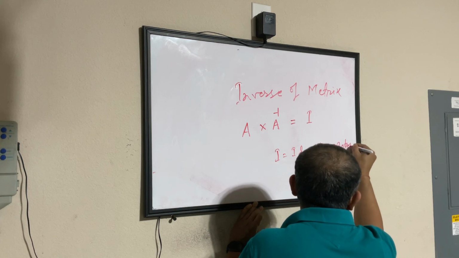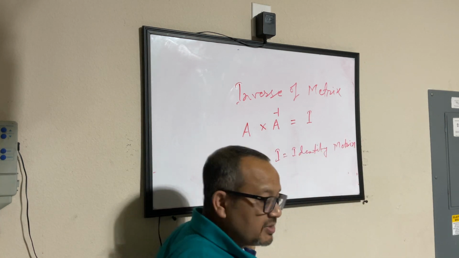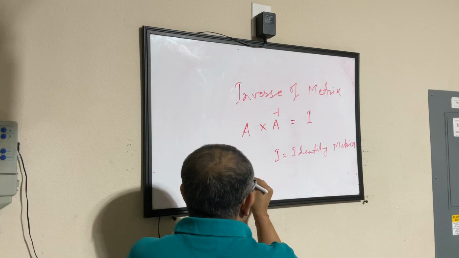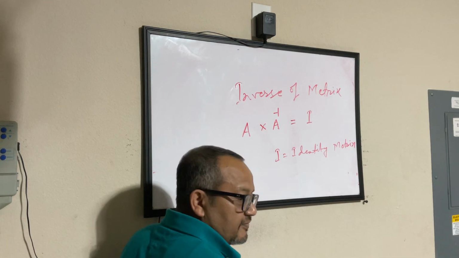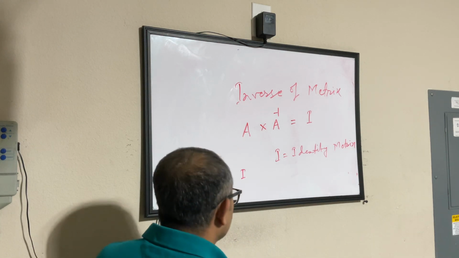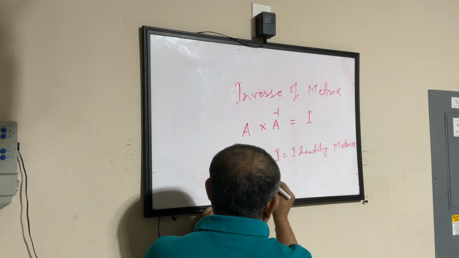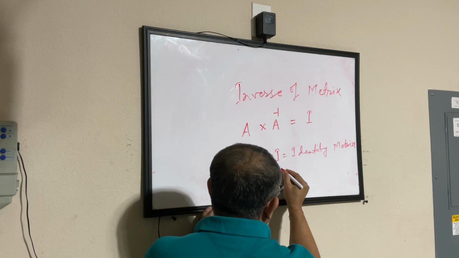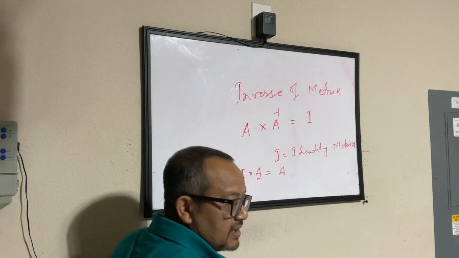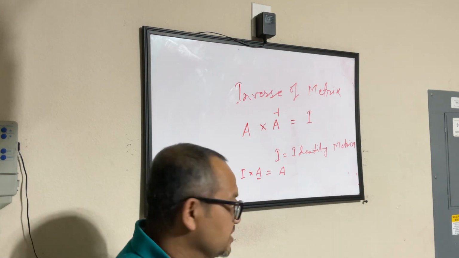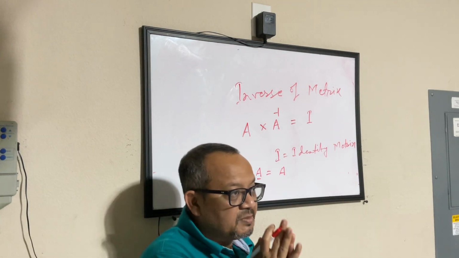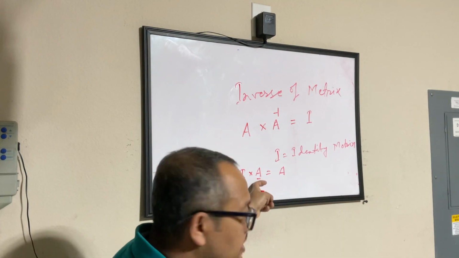Now, just to help you refresh your memory, when we talked about identity matrix, we talked about the fact that if I have an identity matrix, if I multiply that with any matrix A, I get A. That's the uniqueness of the identity matrix. An identity matrix can be of any dimension relating to the matrix that you're talking about.